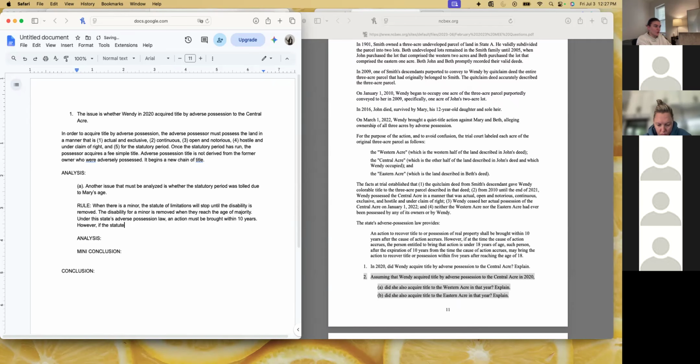However, if the statute is tolled, the person who is under 18 is entitled to bring their action after the expiration of the 10-year period from the time the cause of action accrues.